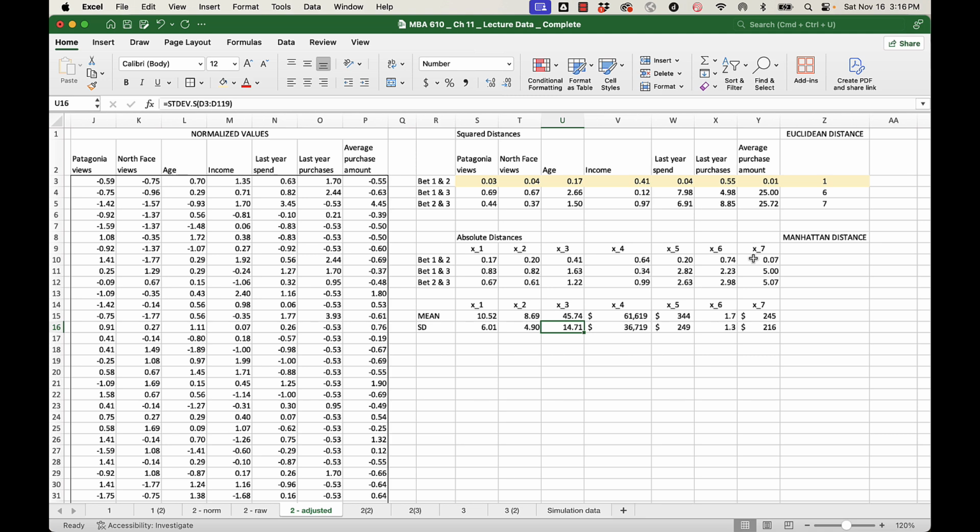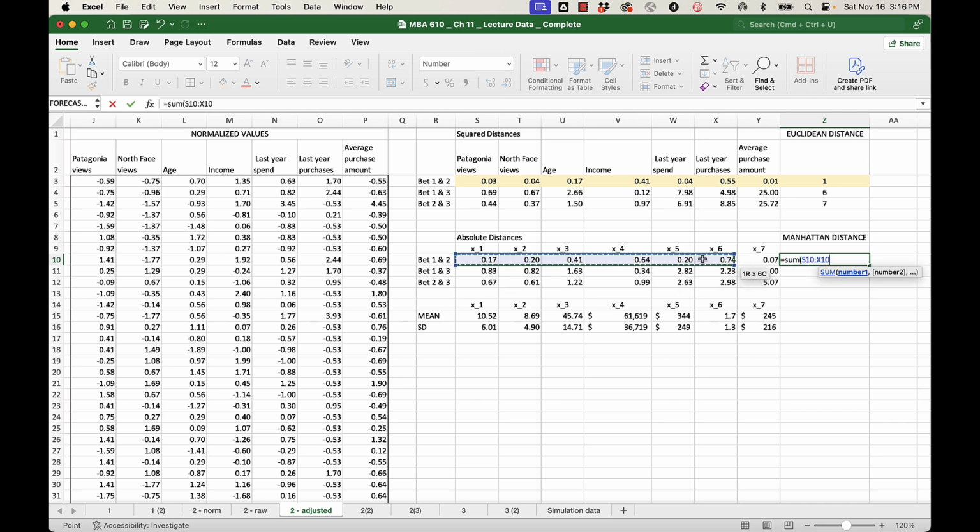So with regard to purchase amount, it's referencing person 1 and 2. It's referencing purchase amount for person 1 and 3, and referencing purchase amount for person 2 and 3. And we can see that the absolute difference between the purchase amount z-scores for person 1 and 2 are much closer. So to get the Manhattan distance, we add up those absolute differences.